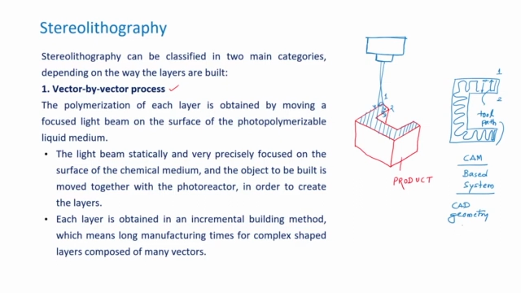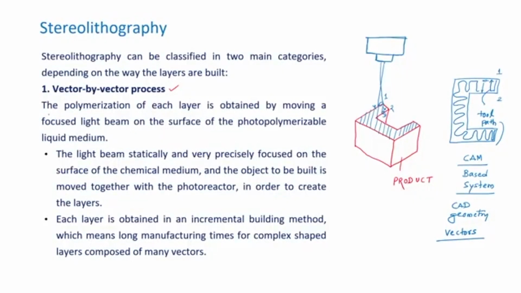By using these vectors we trace the path of that area. So, we are filling the area by tracing the laser beam in a vector by vector manner. Here we can carry out the polymerization in an accurate way, but this entire process is time taking.